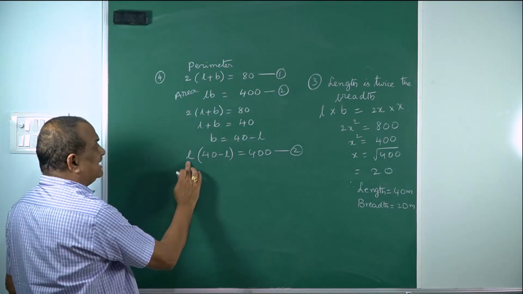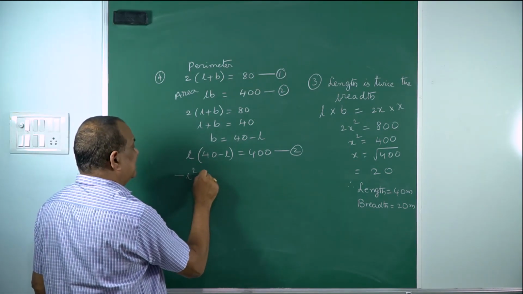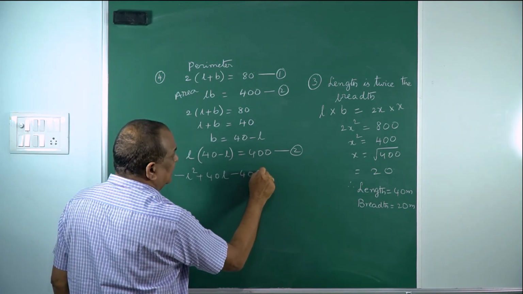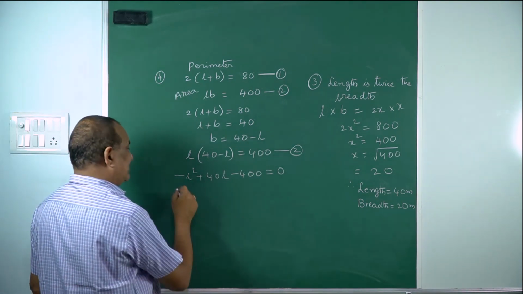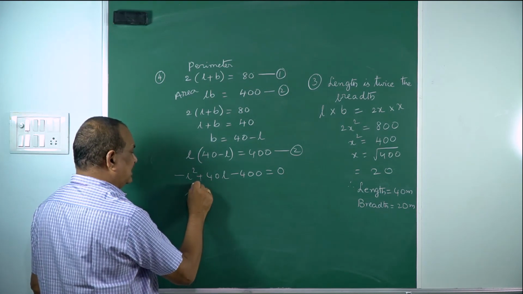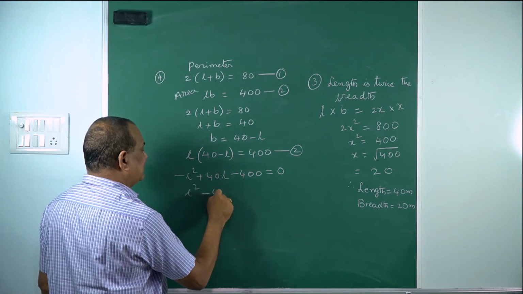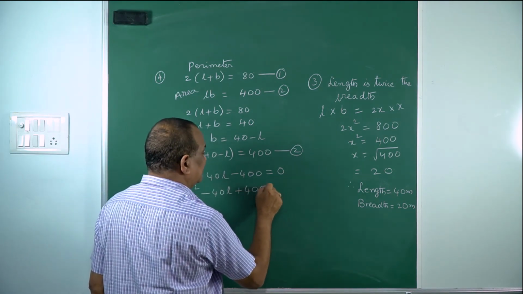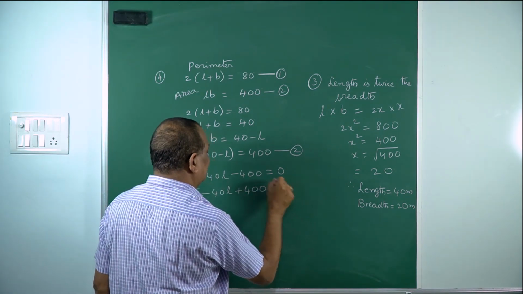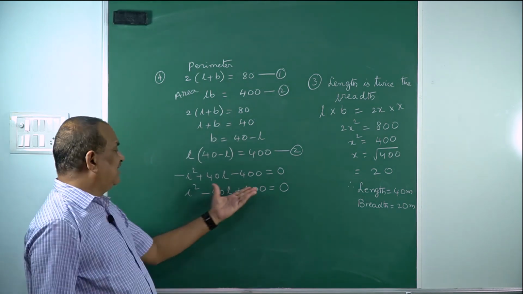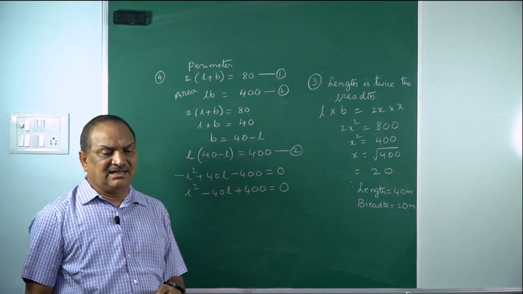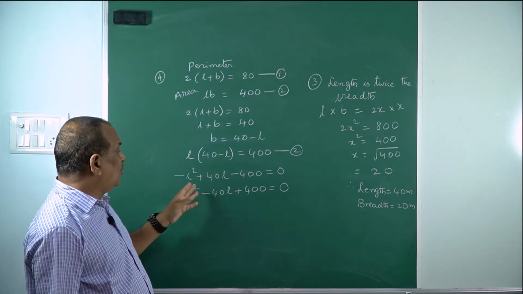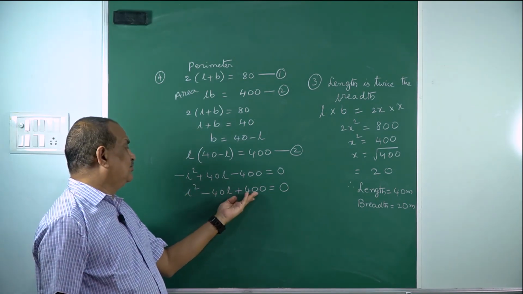Solve it now. Minus L square plus 40L. Bring this 400 to this side, and on that side there is nothing. And change the signs throughout. L square minus 40L plus 400 is equal to 0. Now you simply have to solve this quadratic equation, and that's it. And you get the value of L. How can you resolve this one?